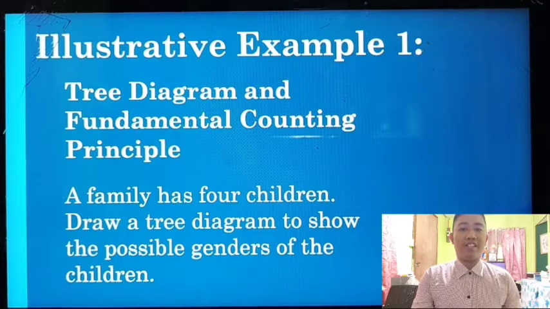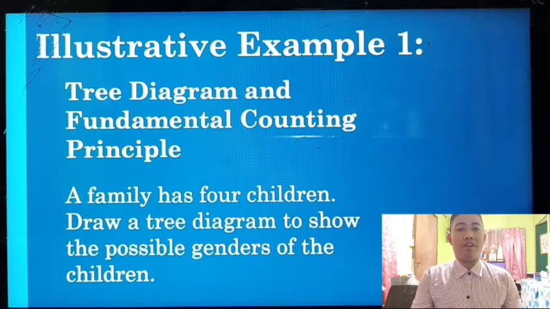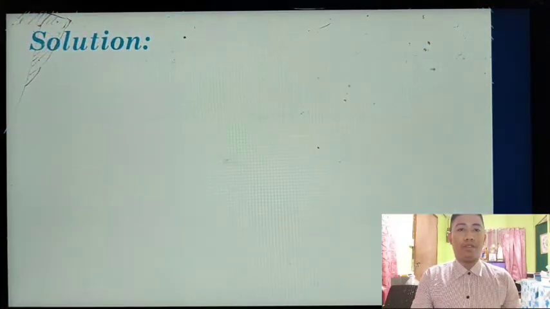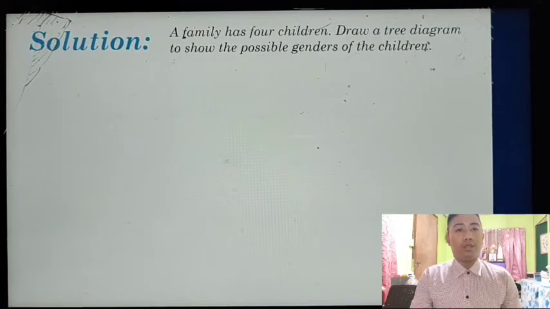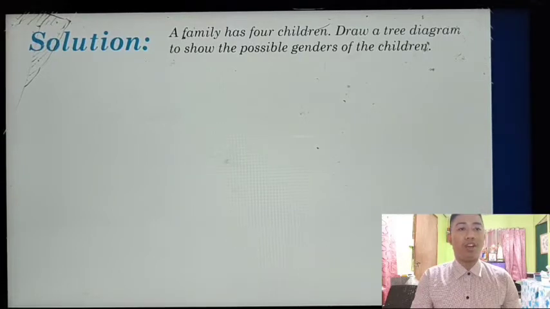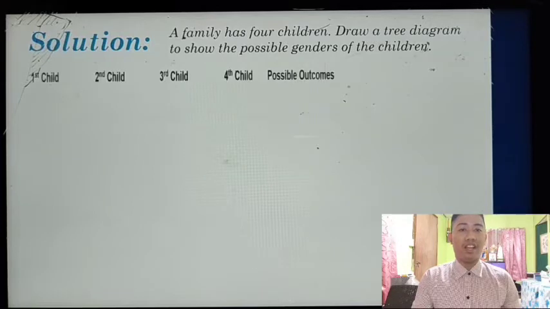My dear friends and students, here is the solution to the given problem. So we have stated the given problem above: a family has 4 children, and we are going to draw a tree diagram to show the possible genders of the children.